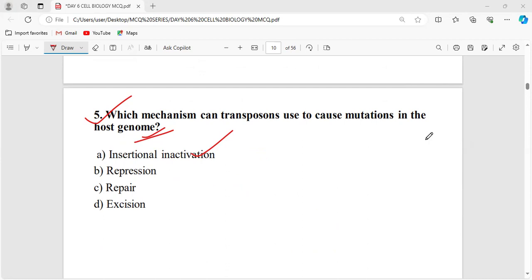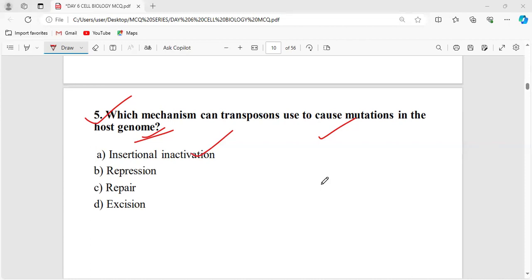We can say mutation with a negative impact has the highest priority. Always it is bad. Sometimes they are good, for example, the color of grapes. Mostly it will cause a negative effect. When it comes to mutation, we can't say it is always a good mutation.